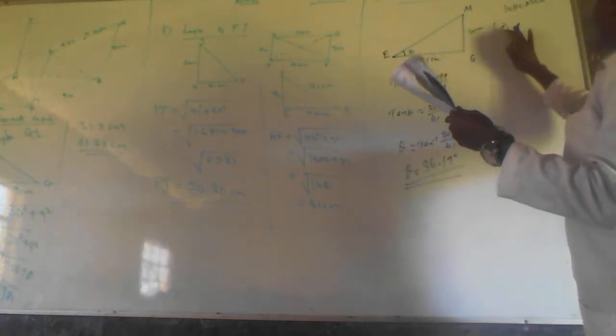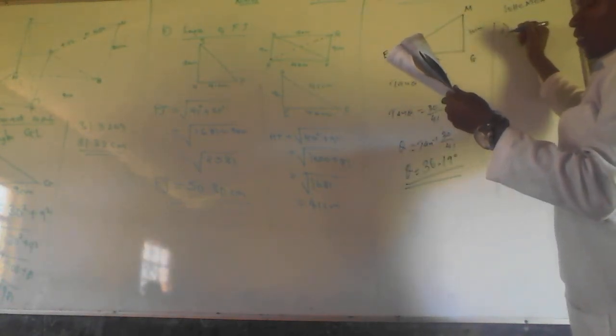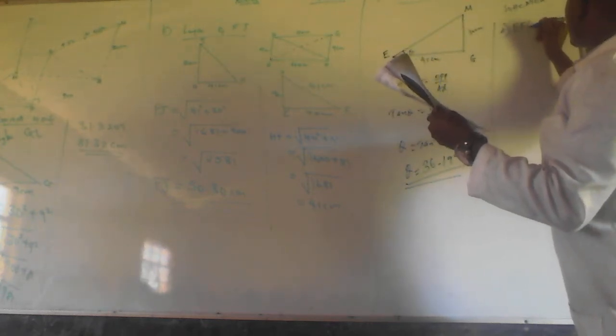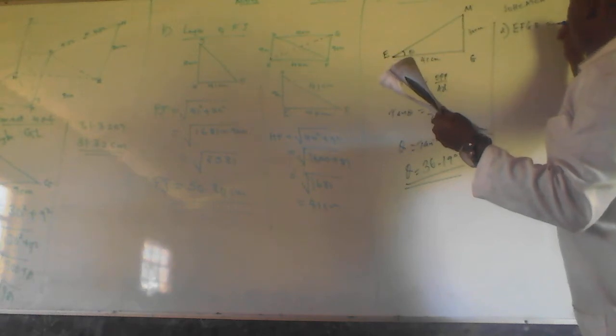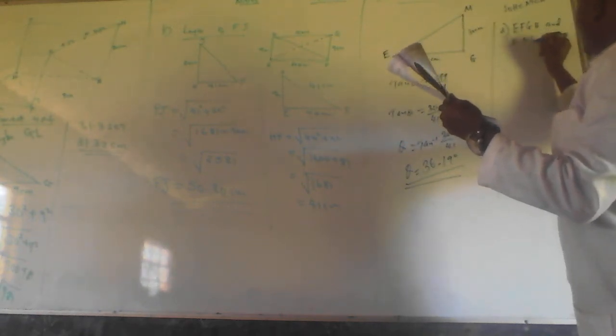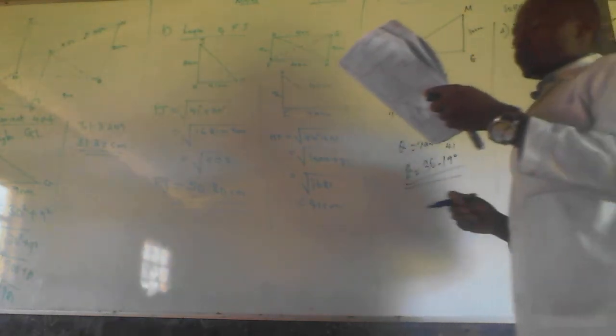So what we did is now part B. It is the angle between the plane EFGH and ENH. So we are having two planes.